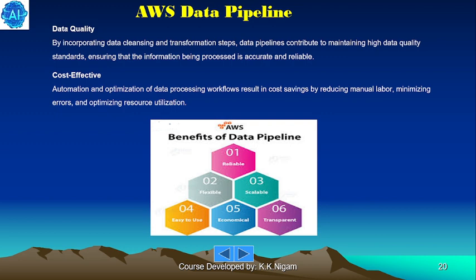By incorporating data cleansing and transformation steps, data pipelines contribute to maintaining high data quality standards, ensuring that the information being processed is accurate and reliable. Cost effectiveness. Automation and optimization of data processing workflows result in cost savings by reducing manual labor, minimizing errors, and optimizing resource utilization.